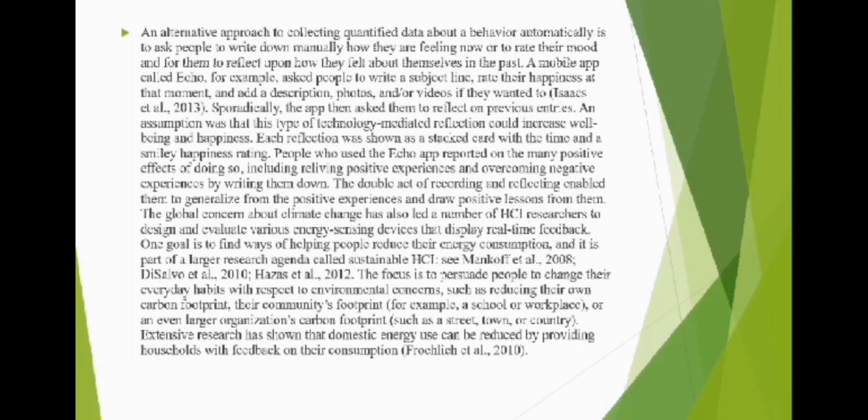A mobile app called Echo, for example, asks people to write a subject line, rate their happiness at that moment, and add a description, photos, and/or videos if they want to. Sporadically, the app then asks them to reflect on previous entries. An assumption was that this type of technology-mediated reflection could increase well-being and happiness.